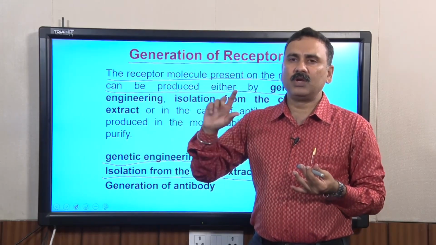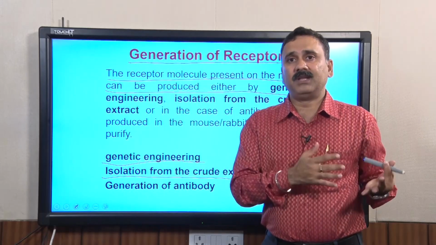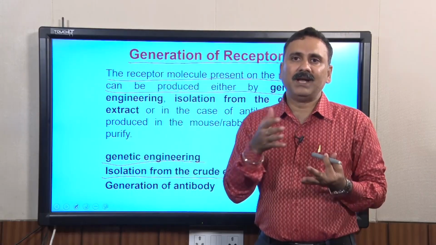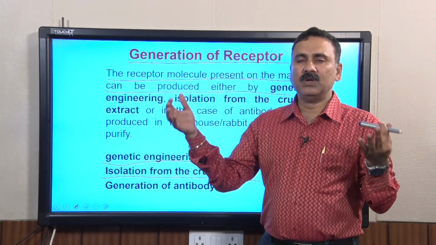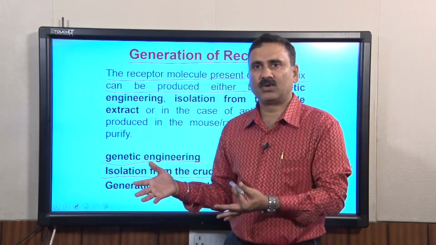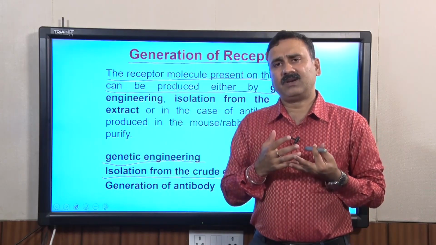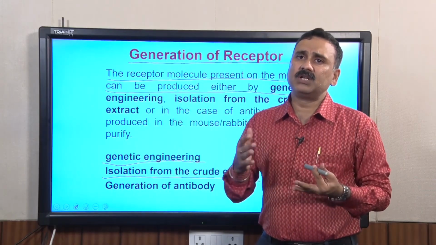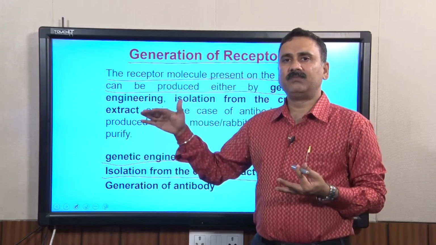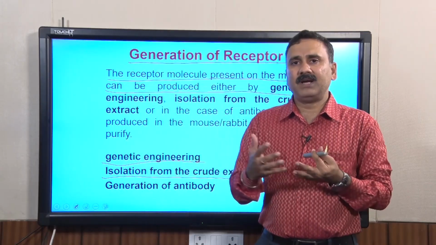In those cases you are going to use some assay system, so that you will be able to evaluate the presence or the absence of that particular receptor in the crude mixture. When you pass the crude mixture through ion exchange chromatography, hydrophobic interaction chromatography or gel filtration chromatography, at the end of these techniques you are going to get different fractions, and all these fractions you are going to test for the presence or the absence of this particular factor by running some kind of assay system.